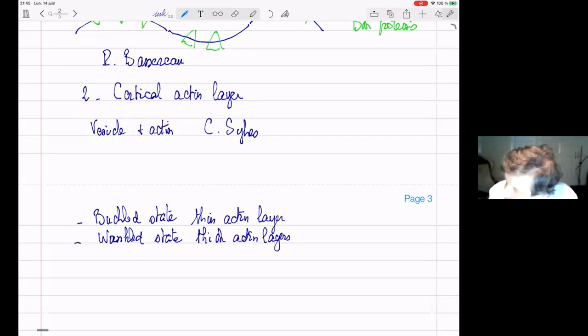So this is the buckled state. If the actin layer is very thick, the membrane buckles, but the deformation doesn't penetrate all the way through the actin layer. So it's like buckling the membrane in an elastic medium. And it's well known that if you buckle something in an elastic medium, the instability doesn't occur at 0 wave vector, it occurs at finite wave vector.